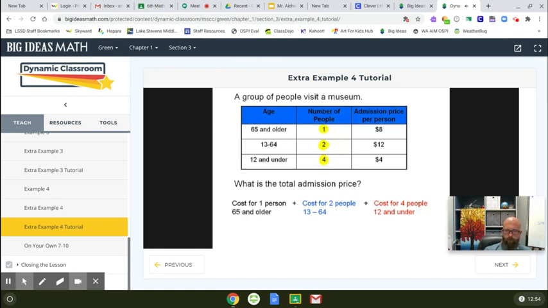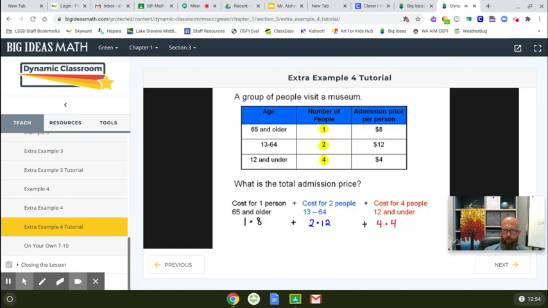Now we can write an expression using the verbal model. So we have one person times the admission price per person of someone who is 65 and older, which is $8, plus 2 people times the admission price per person of someone between the ages of 13 and 64, which is $12, plus 4 people times the admission price per person for someone 12 and under, which is $4.